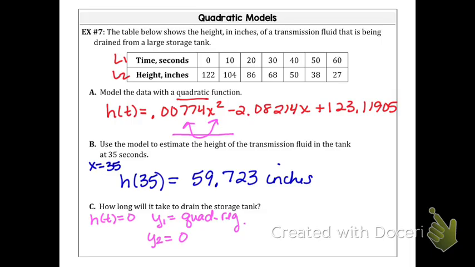All right, once you can see where it intersects, go to second, trace, intersect. Go move that cursor on top of the intersection and hit enter 3 times. And so what you should find out is that the time is approximately 87.743 seconds. And that's it for part A.